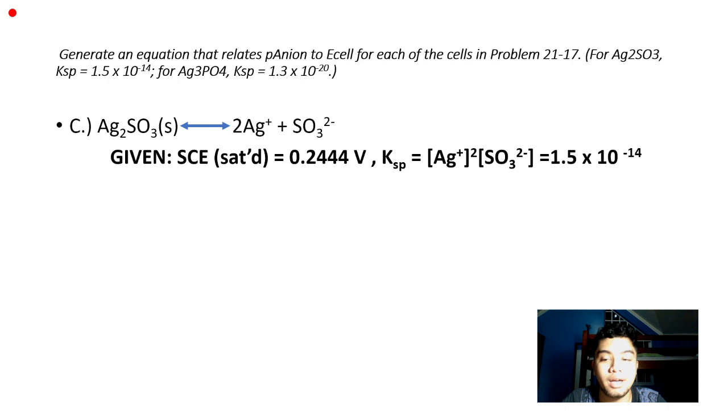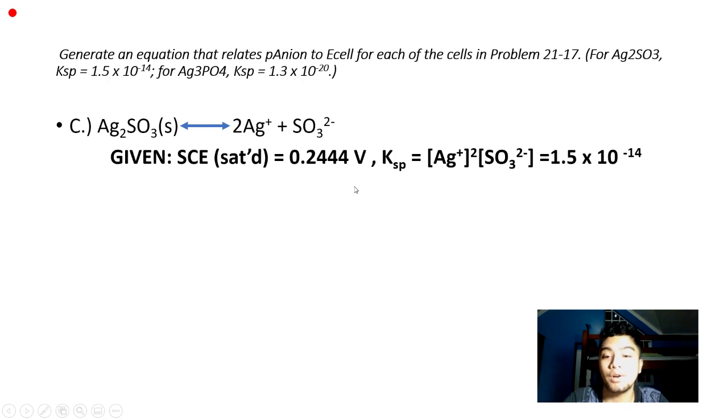So since the SO3 negative, we are going to transform that to Ag2SO3 solid that yields 2Ag plus SO3 2 negative. So once again, the given is the SCE saturated equals 0.2444 volts. Then the KSP is equal to 1.5 times 10 to the negative 14.